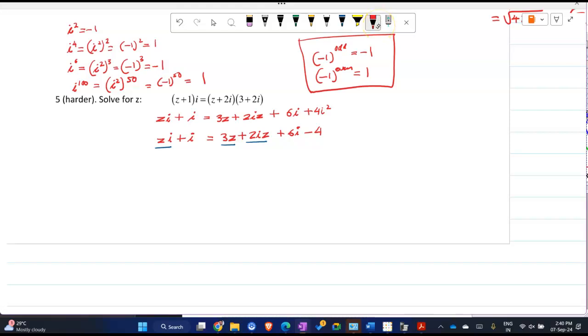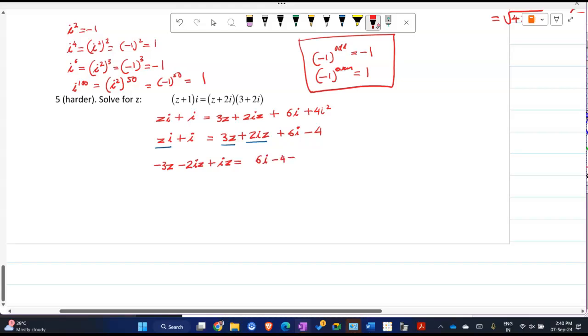So we can do minus 3z and minus 2iz plus iz is equal to 6i minus 4 minus i. So that will be minus 3z minus iz, correct, is equal to 5i minus 4.